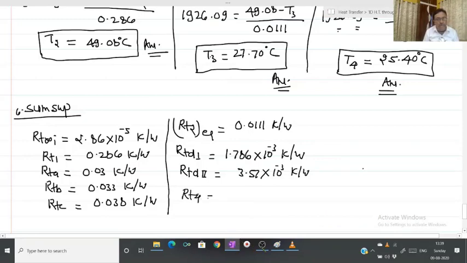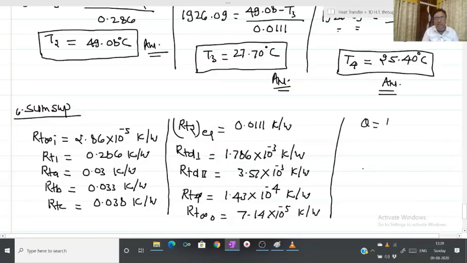RT4 1.43 into 10 to power minus 4 Kelvin per watt. And finally RT infinity O is 7.14 into 10 to power minus 5 Kelvin per watt.